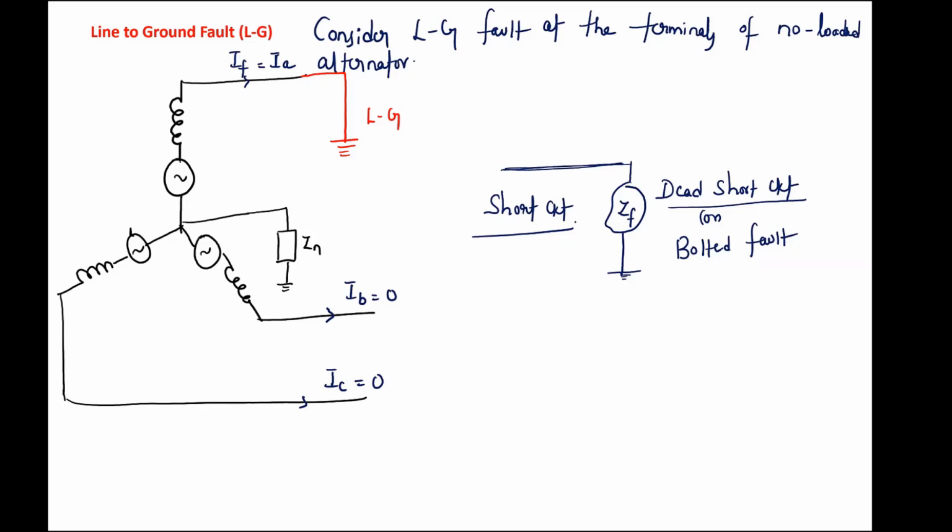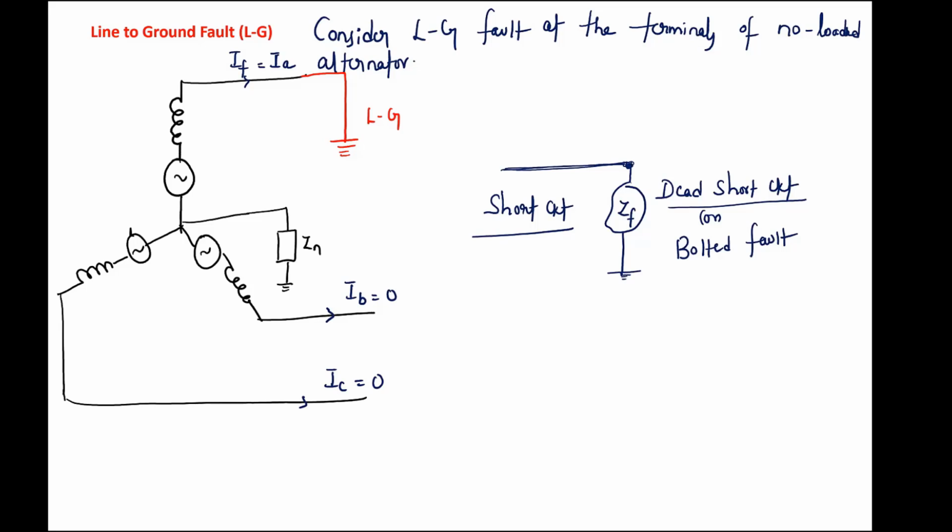Dead short circuit means the live conductor is directly touching the ground without any element in between. Normal short circuit means the live terminal is touching some grounded body. It can be a tree, a wall, anything. So between the live conductor and the ground, there is some body which offers some finite impedance. That is called a short circuit.